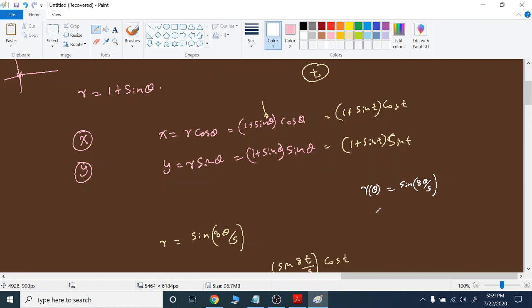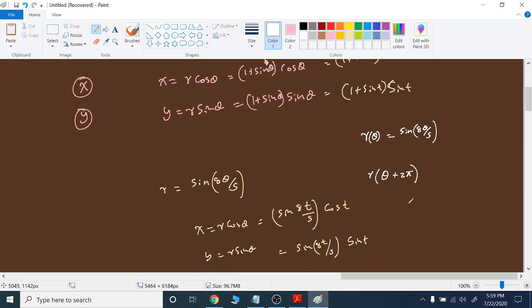A complete rotation means 2 pi is added to theta. When 2 pi is added to theta, it completes one full rotation. And if 2 times 2 pi is added, it will complete 2 full rotations, right?